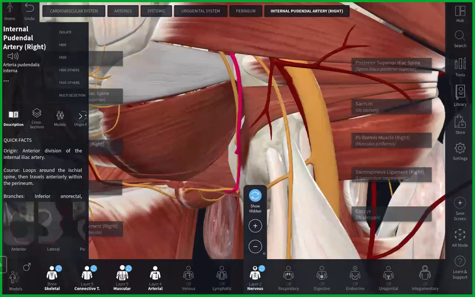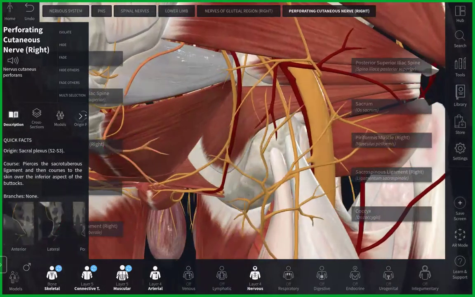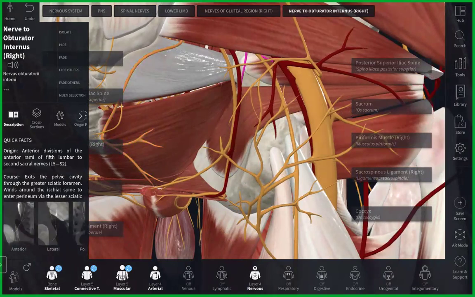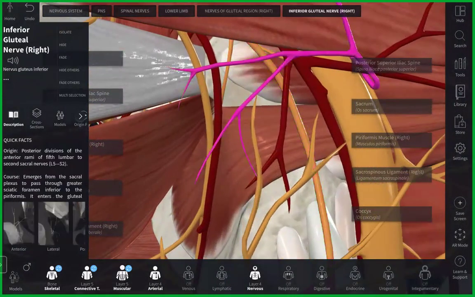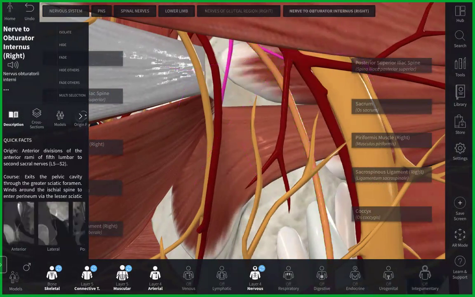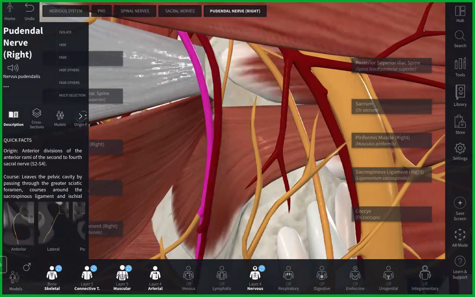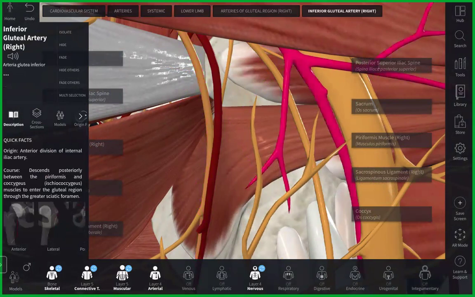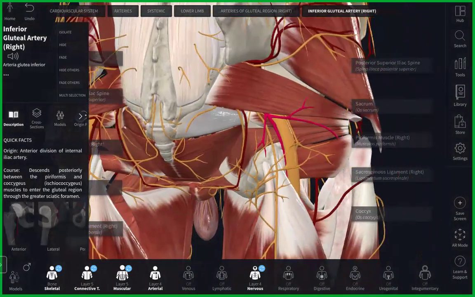And if we add more nerves, here we have the nerve to obturator internus. Then posterior femoral cutaneous nerve, then the nerve to obturator internus, then internal pudendal artery, then pudendal nerve. And this one is the inferior gluteal artery, and we have the inferior gluteal artery, vein and nerve here.